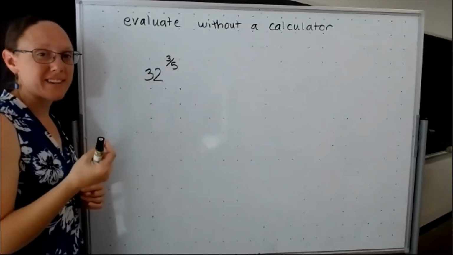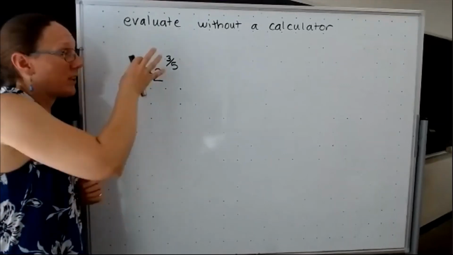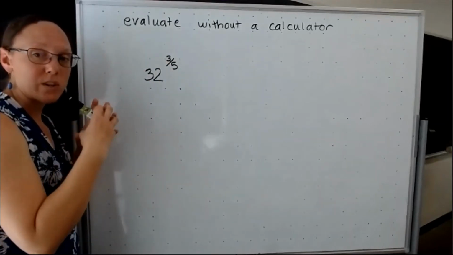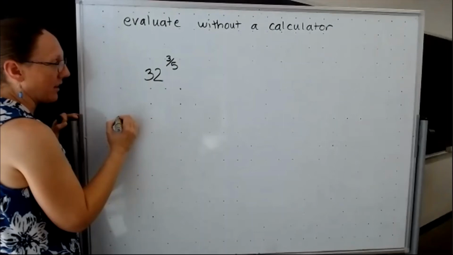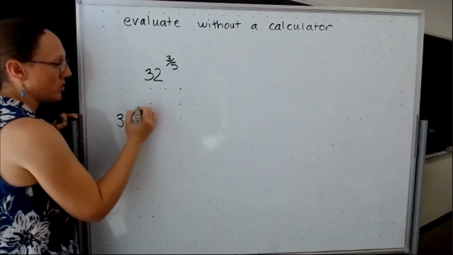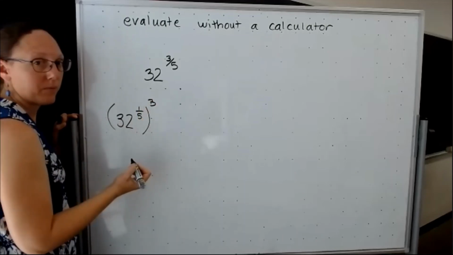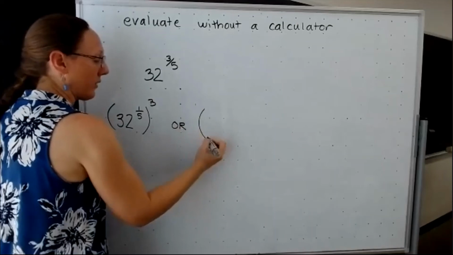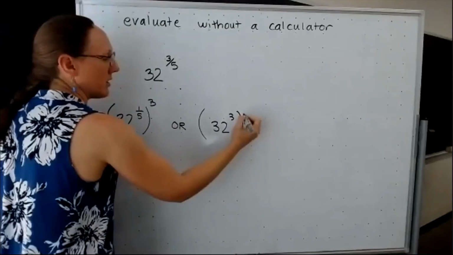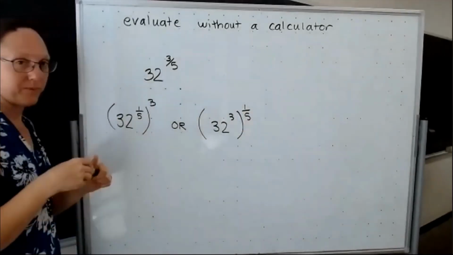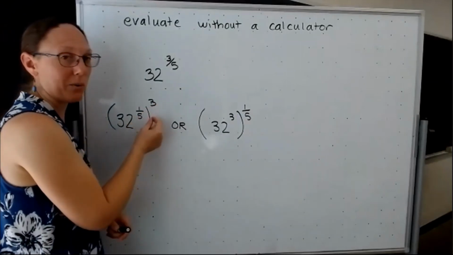Notice that the exponent this time is not a 1, it's a 3. So when I look at this, we can choose to kind of piece this apart. I can think about this either as saying 32 to the 1/5 power cubed, or I could write this as 32 cubed raised to the 1/5 power. Because either way, when I do powers raised to powers, I'd be multiplying those numbers.